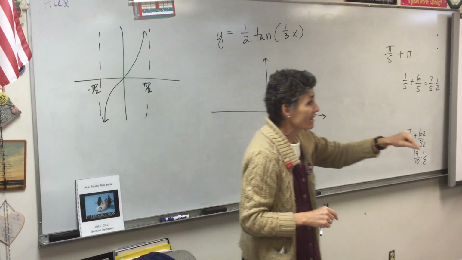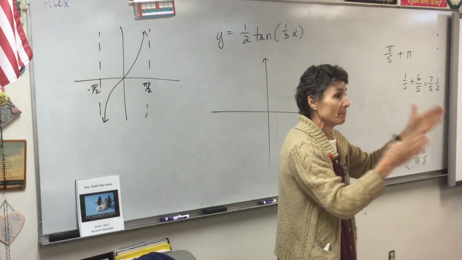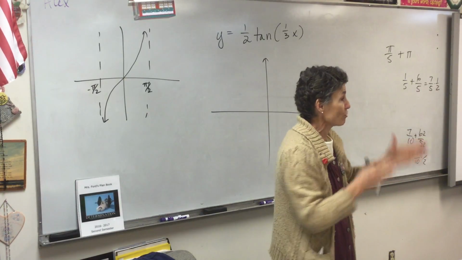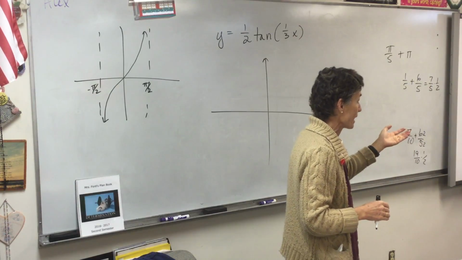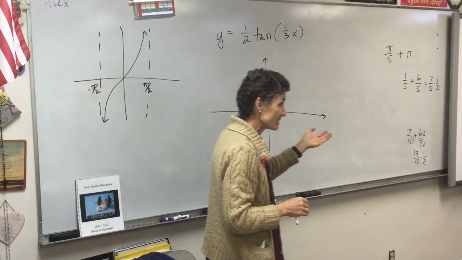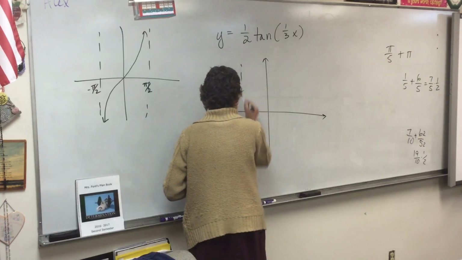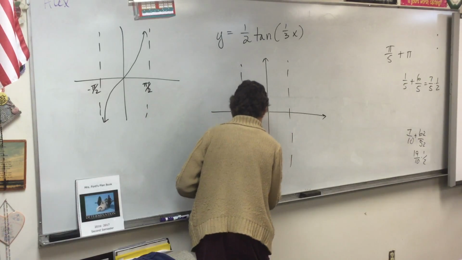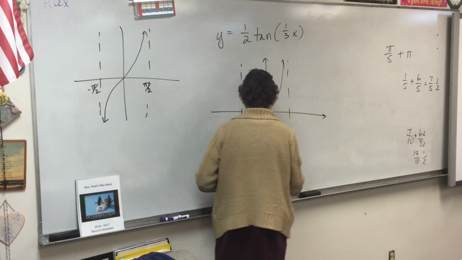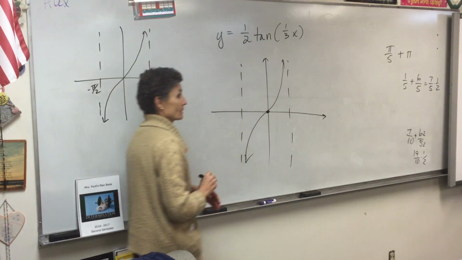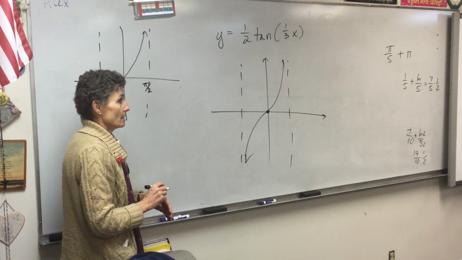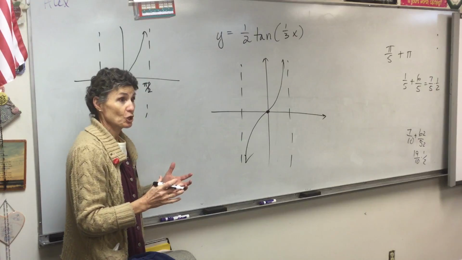The only way to translate a picture, and that means pick it up and move it, is to put an add or subtract in the problem. I didn't. So this one is going to be situated exactly the same as a normal tangent. There it is. Now, what has changed?